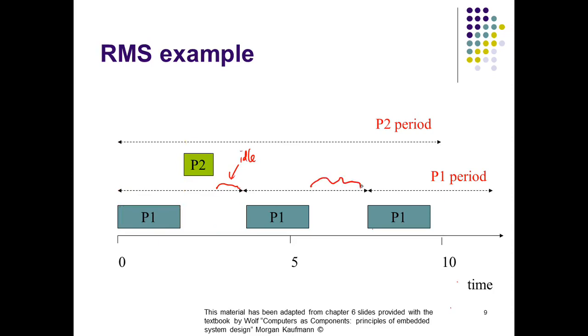What happens here? Yeah, P2 has to complete once within this entire period. So P2 is not going to run again. So this is also just idle. So then you'll have your idle process running and counting the clock cycles, which you all know about.